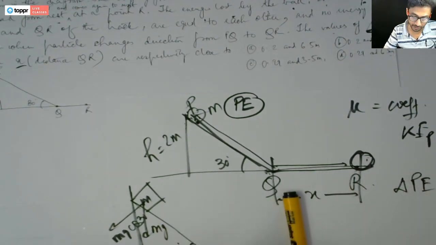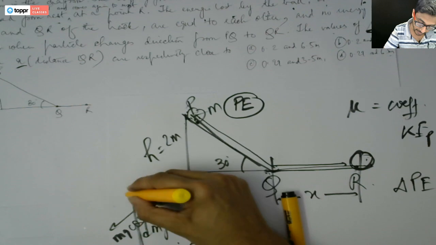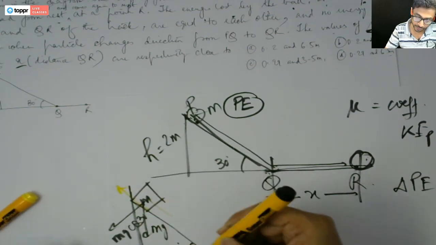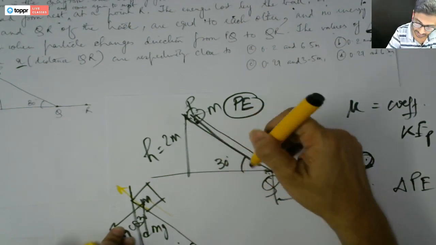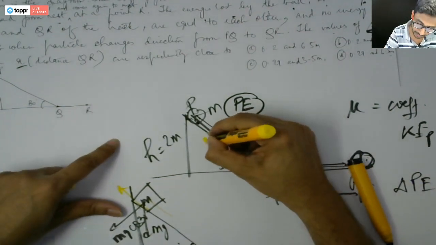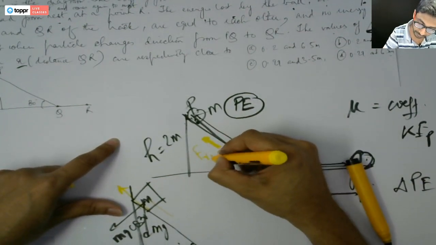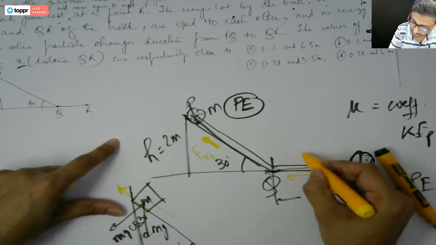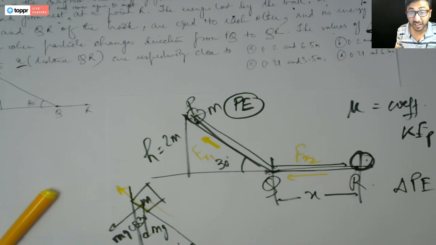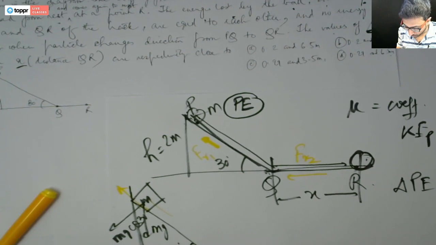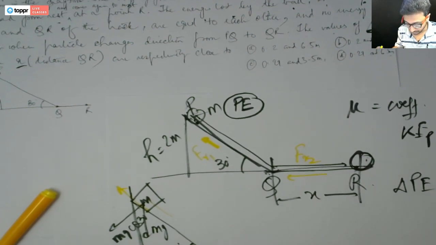So the frictional force acts in the opposite direction. Let this friction be friction 1 and this friction be friction 2. So Fr1 we can write as mu mg cos 30.